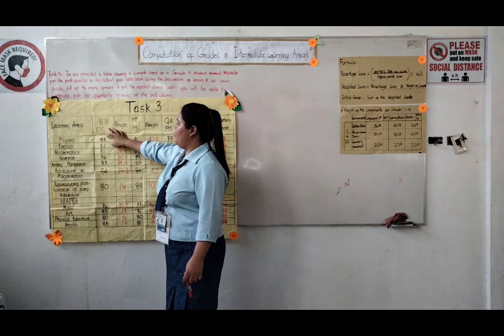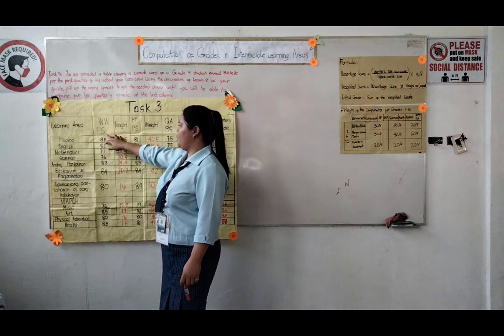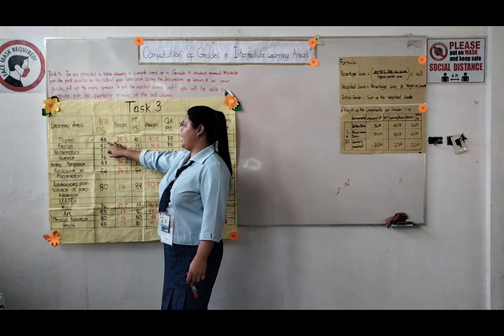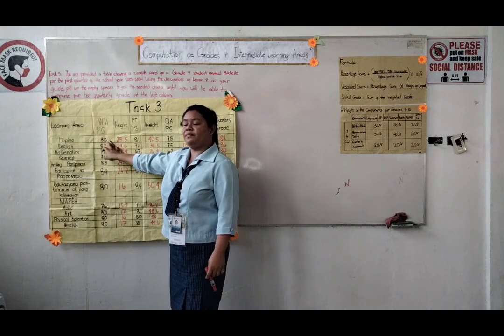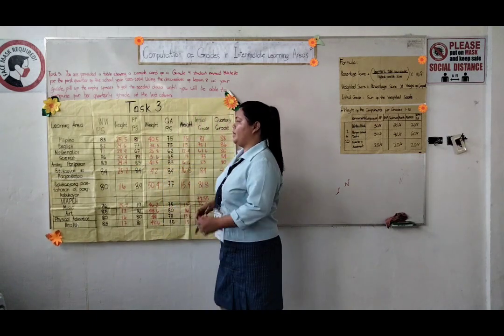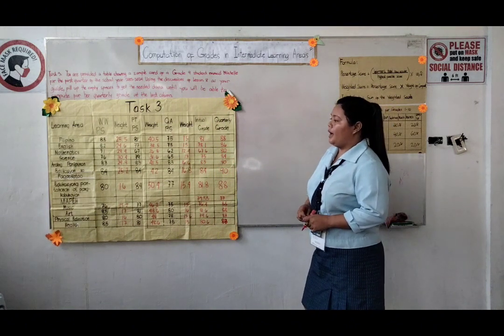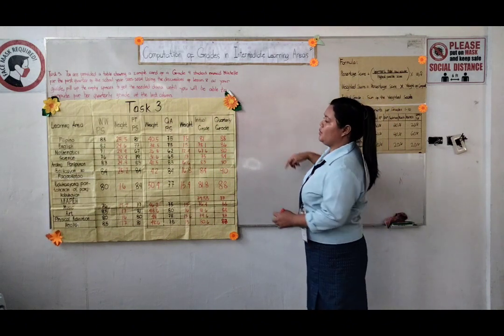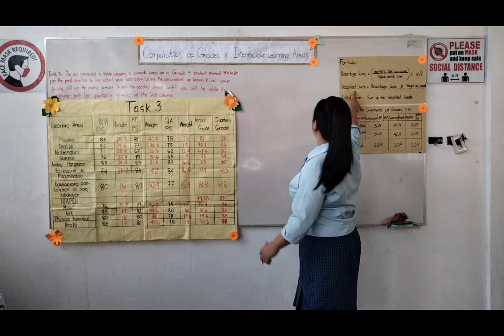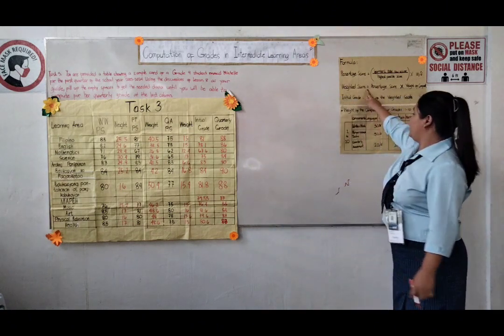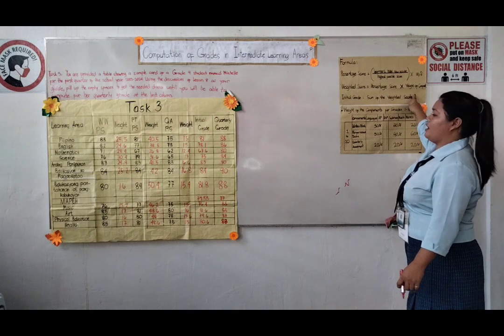So the percentage score of written work is 85. So we need to get the weighted score. So in order to get the weighted score in written work of Michelle, we need to use weighted score equals percentage score times weight of component.